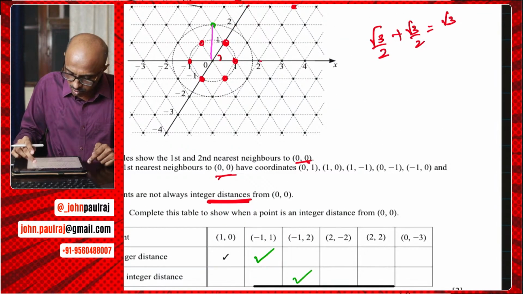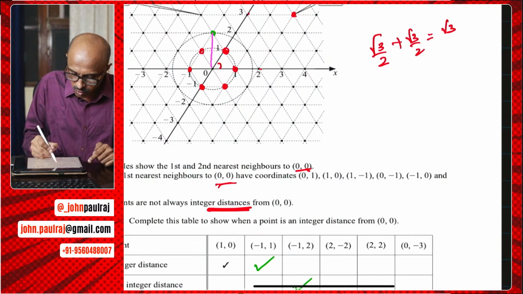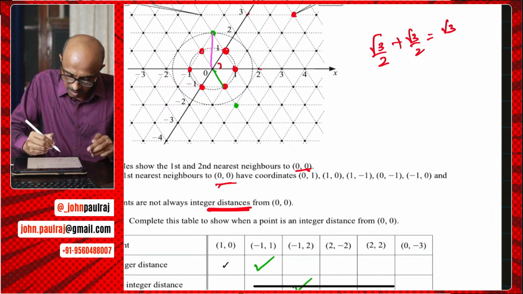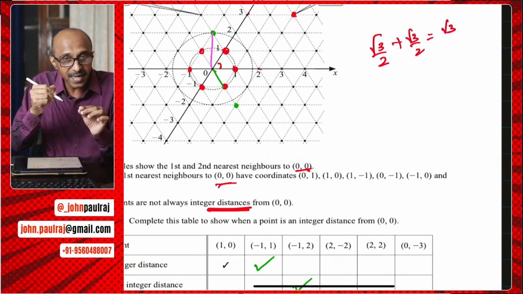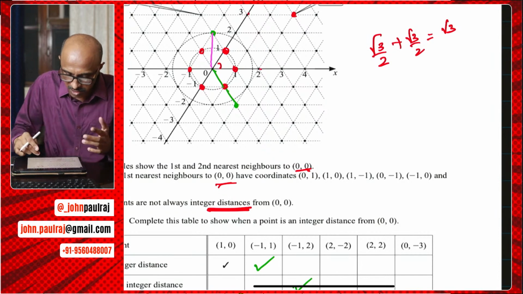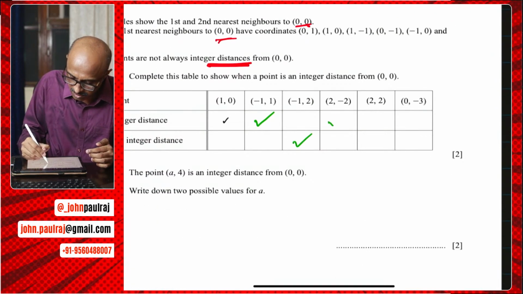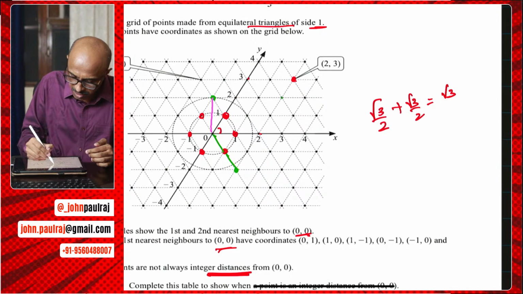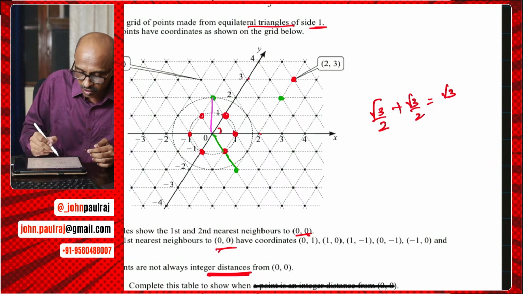Then 2 comma negative 2, so 2 along the x, negative 2 here, that's the point we're looking for. That goes along the line, I'm looking at the side length of the equilateral triangle, so that's 1 and that's 1, so that's 2, an integer distance. 2 comma 2, that's here. Remember always the distance is measured from 0 0.